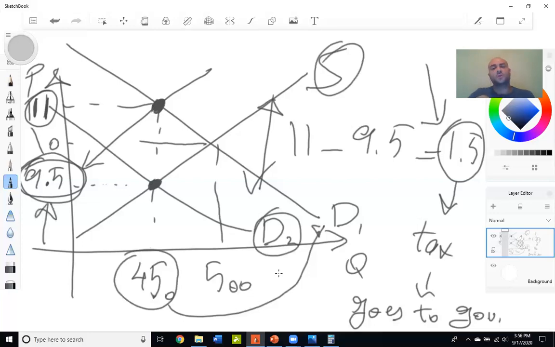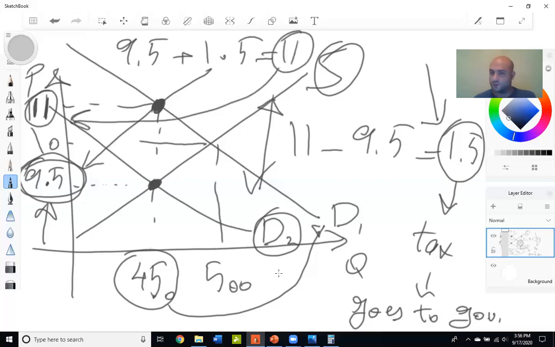You don't need to go back to that. That's harder. For a simpler way, you just add the tax to the money that goes into Pizza Hut's pocket. 9.5 plus 1.5 is equal to 11, same number. So you can do either of those two.